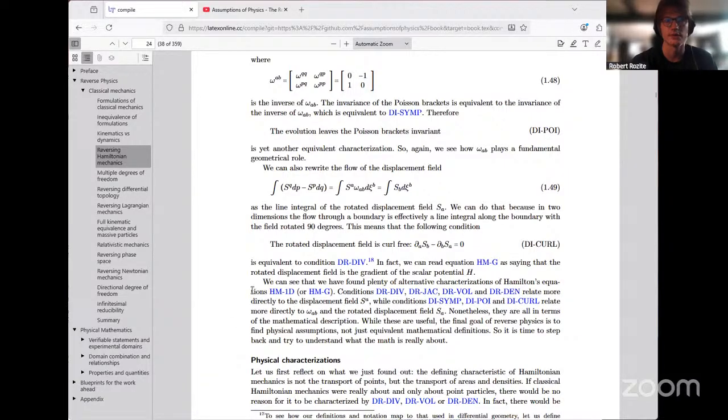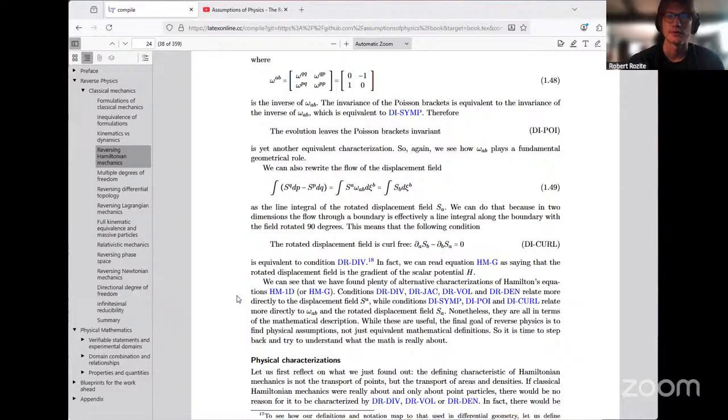We can see that we have found plenty of alternative characterizations of Hamilton's equations, HM1D or HMG. The following conditions relate more directly to the displacement field S_A, while the conditions simp, poi, and curl relate more directly to omega_AB and the rotated displacement field S sub A. Nonetheless, they are all in terms of the mathematical description.